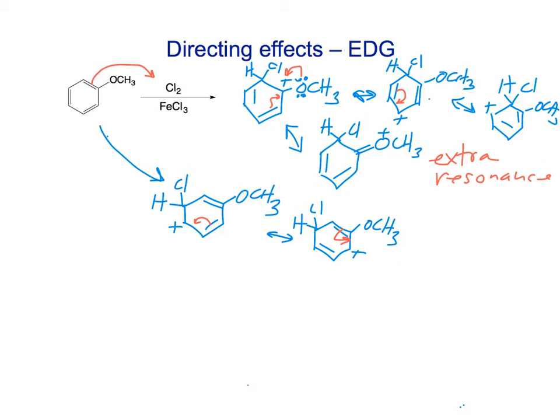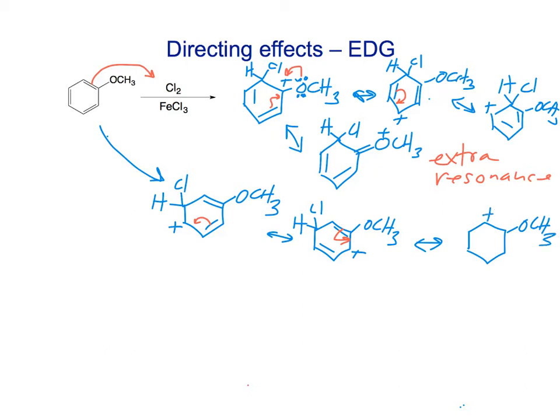So are we going to be able to put the plus out onto the oxygen in this one? No, because the way this resonance works, the plus is going to just jump right past the position where that methoxy group is. Right? Because the plus only gets to land on every other carbon when we're doing this kind of resonance.